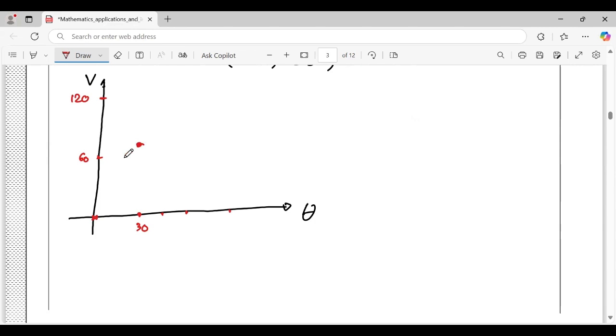And the next is if theta equals 90, the volume equals 120 in this one. So we can sketch like this.